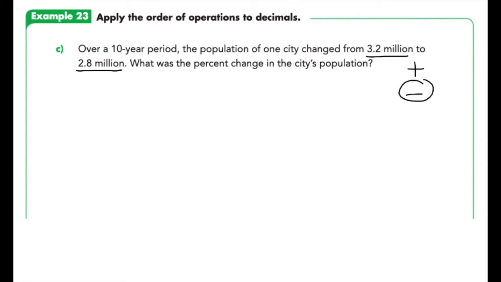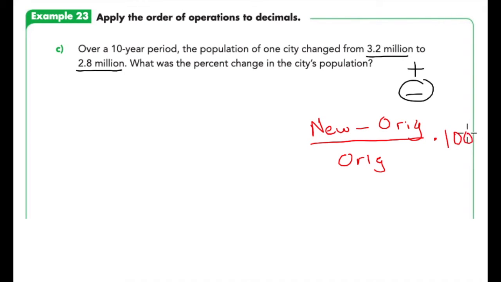To find percent change, there is a special formula that can be used. You take the new amount and subtract the original amount from that, and then you divide it by the original amount.